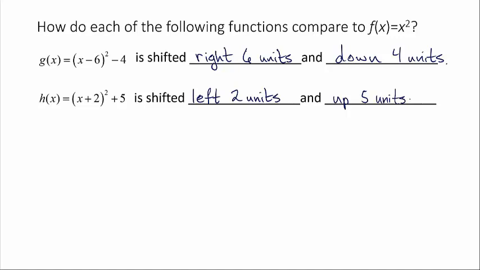Okay, so that's the main message. If you're adding or subtracting a value inside the parentheses, it shifts it right or left. If you're subtracting it, it's going to shift to the right. If you're adding it, it's going to shift to the left. The vertical shift is on the outside of the function. So outside the parentheses, if you're subtracting, it shifts down. If you're adding, it shifts up.